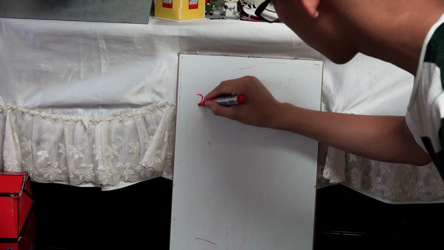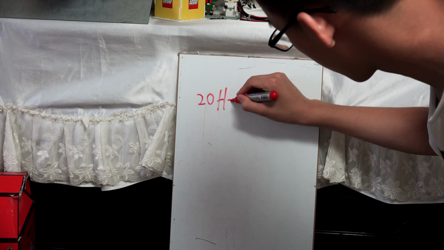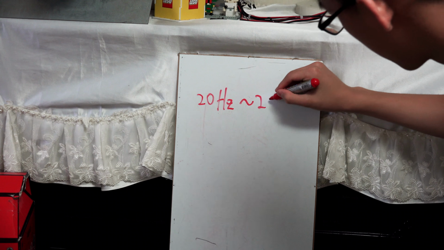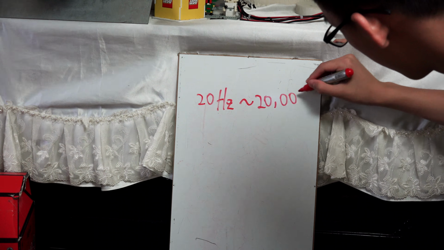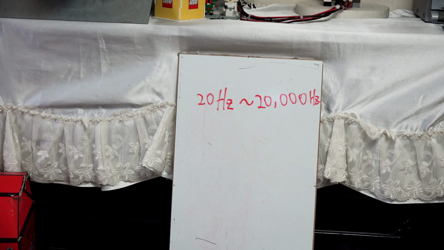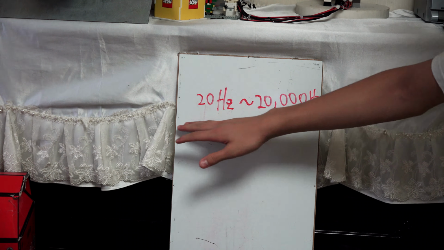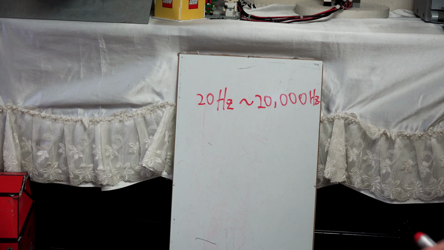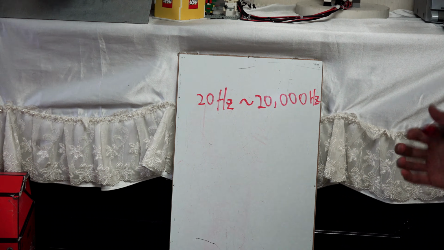I will show you. People can hear from 20 Hz to 20,000 Hz, so we can hear sounds in this range, but we cannot hear 40,000 Hz, and this is what the ultrasonic sensor uses.